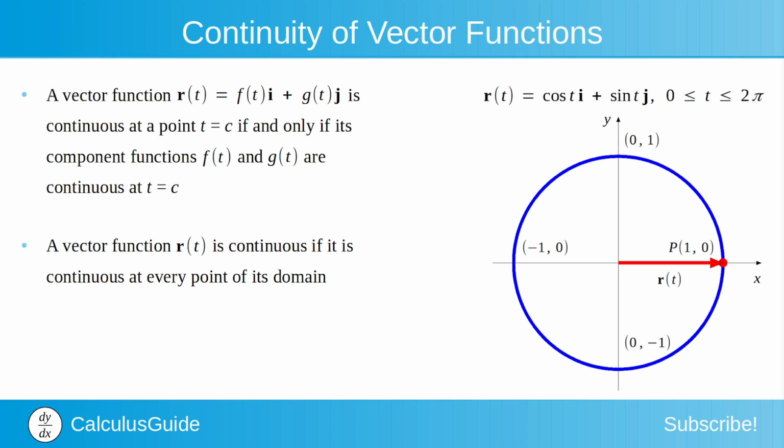So this vector function is a continuous vector function. If one or more of the component functions had a point of discontinuity on the vector function's domain, then this vector function would not be a continuous vector function.